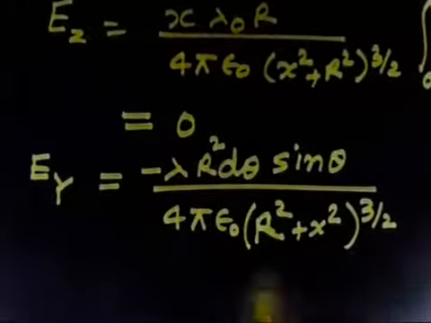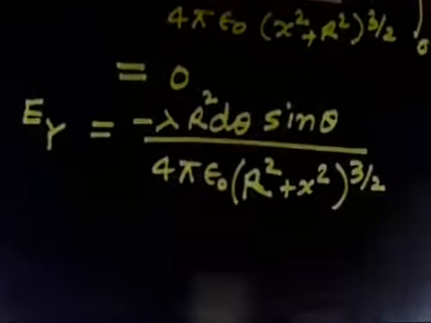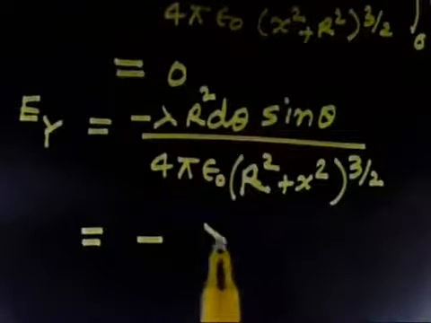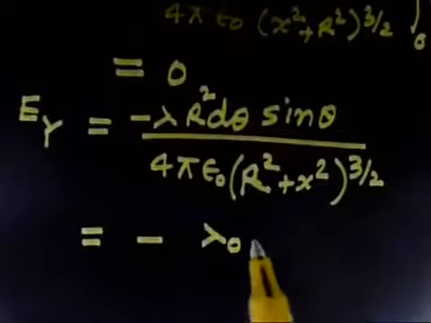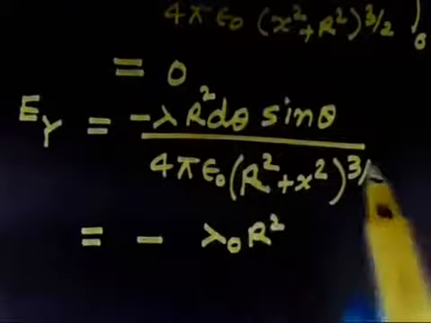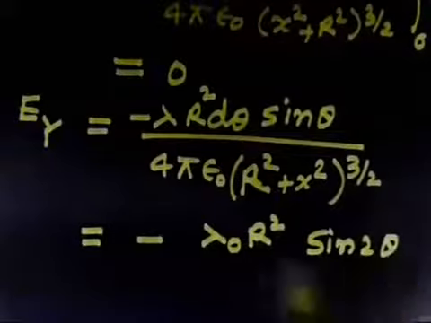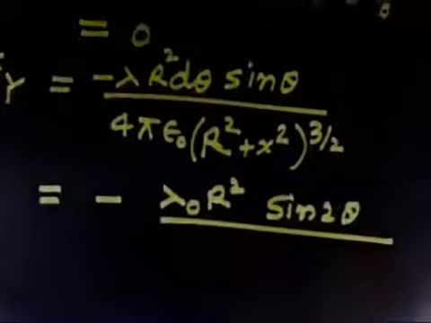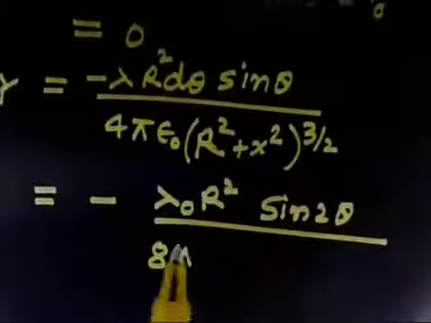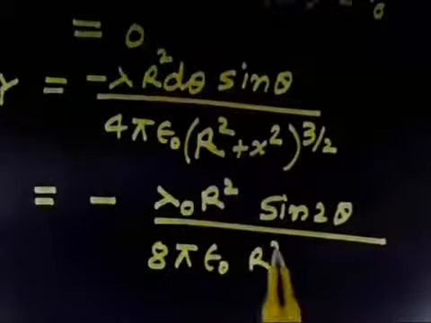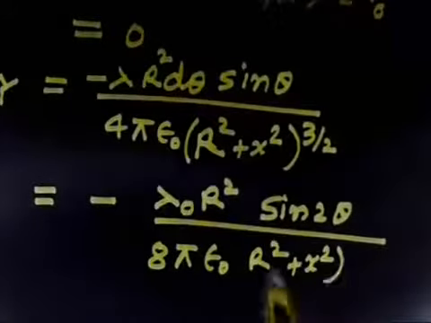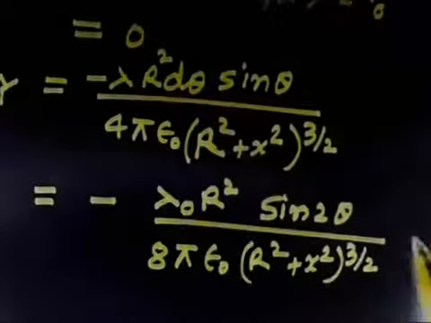Are you getting? And if I plug in lambda as lambda naught cos theta, this becomes minus lambda naught r square, and sin theta cos theta I can write as sin 2 theta by 2. So the 2 comes here, and you will have 8 pi epsilon naught, r square plus x square raised to the power 3 by 2, into d theta.